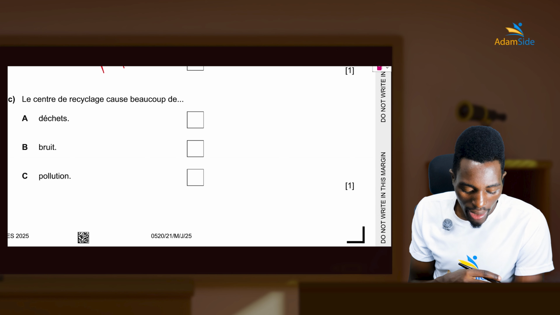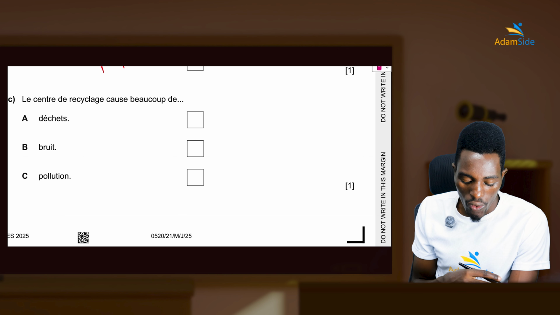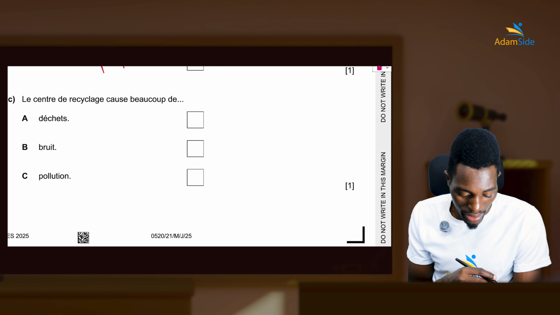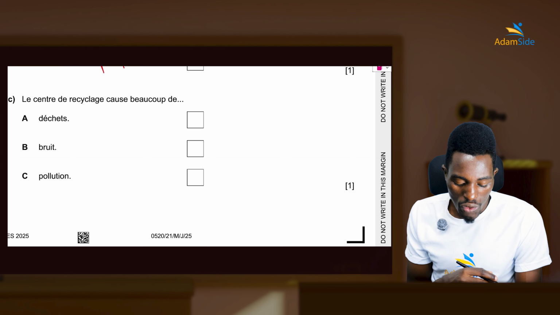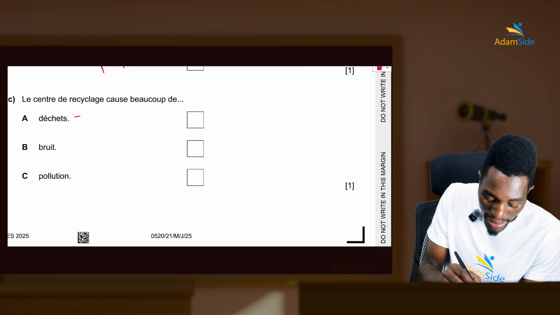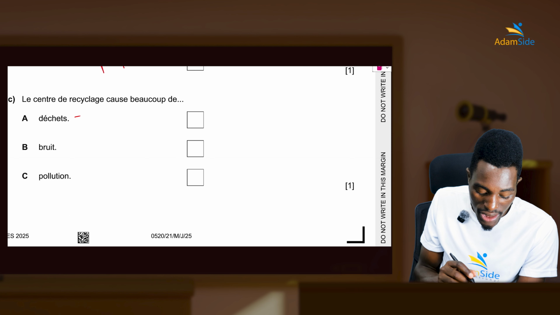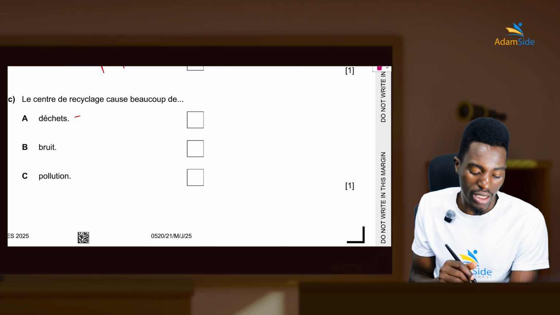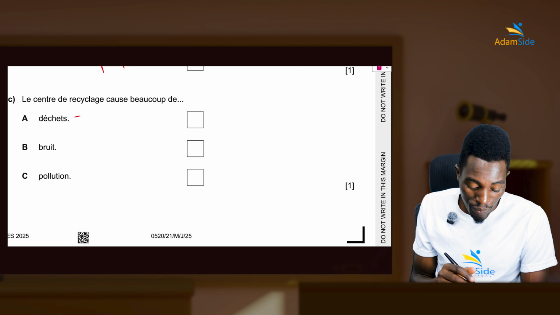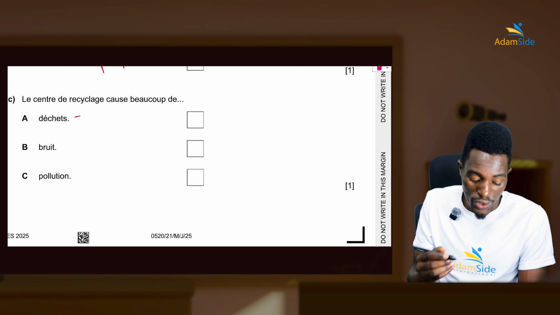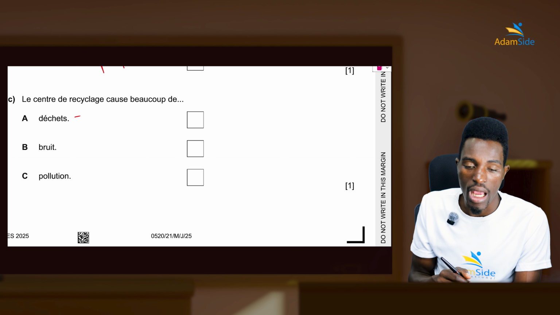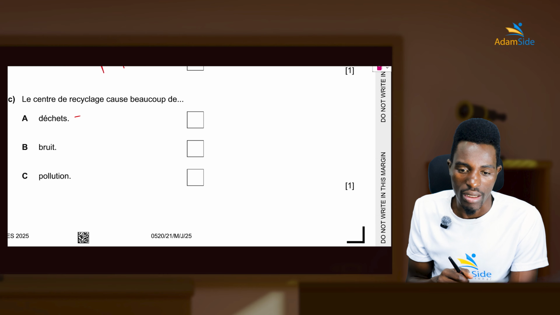Le centre de recyclage cause beaucoup de. The recycling center causes many of. Déchets is dirt. Bruit is noise. Pollution is pollution. So I have to go to the text and find what the recycling activities cause: dirt, noise, or pollution.